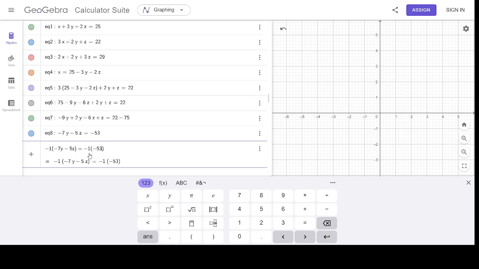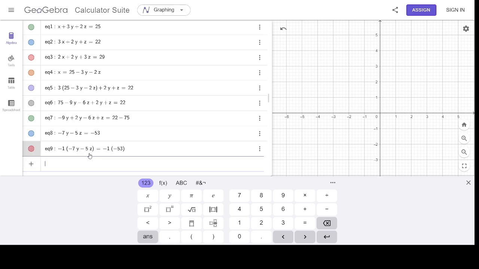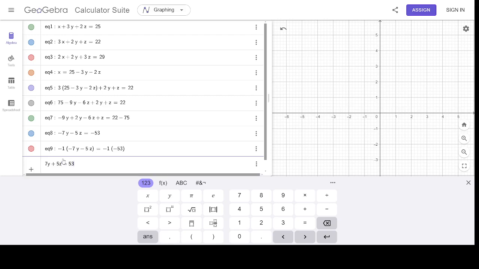If I open this bracket now, I'll have 7y plus 5z is equal to 53.